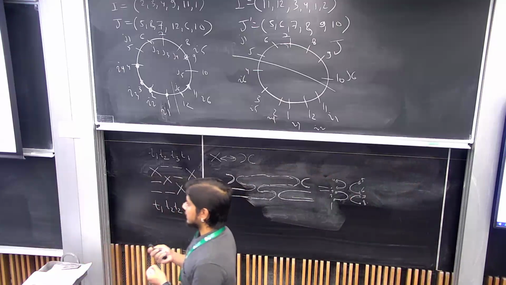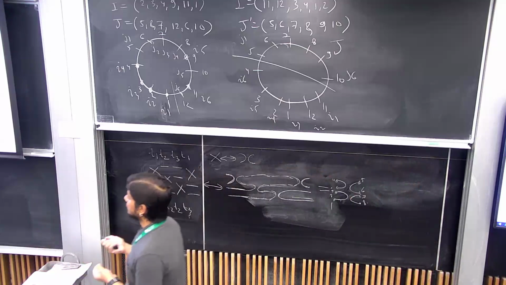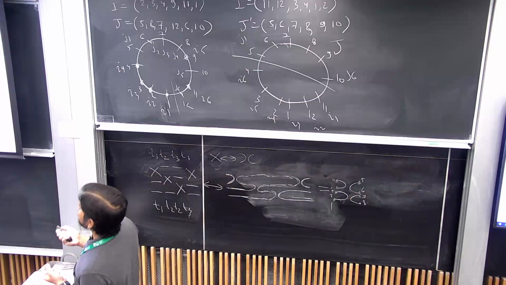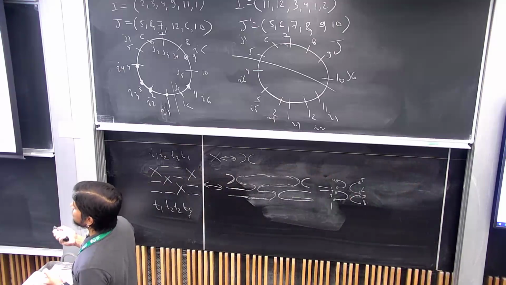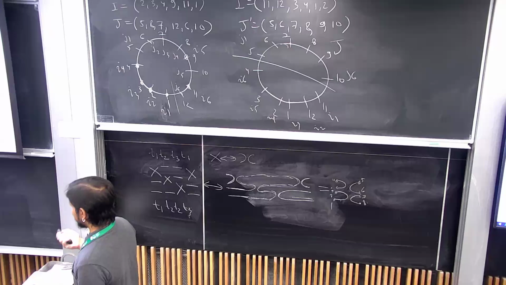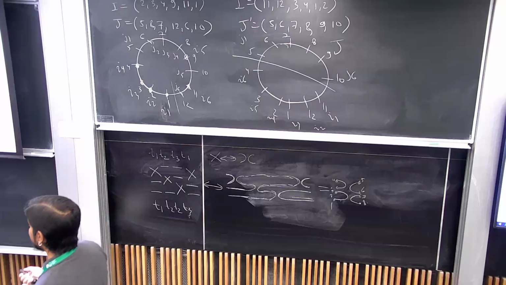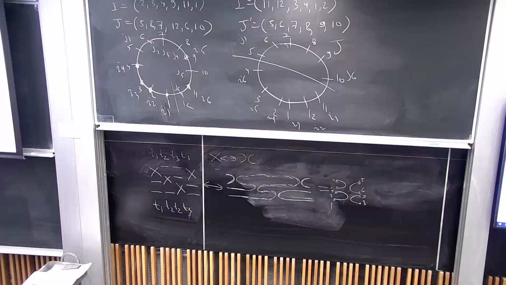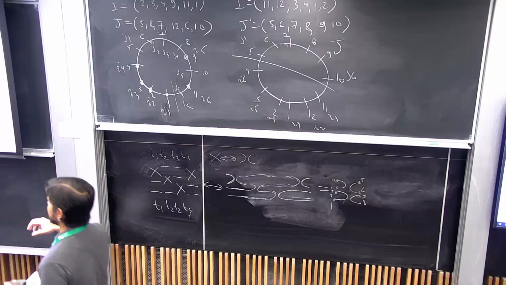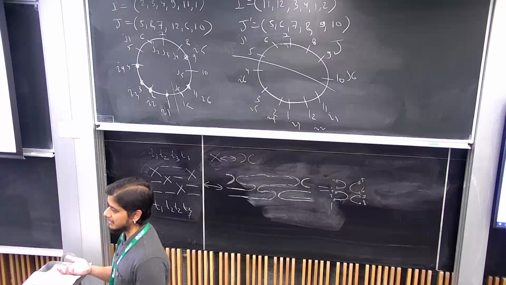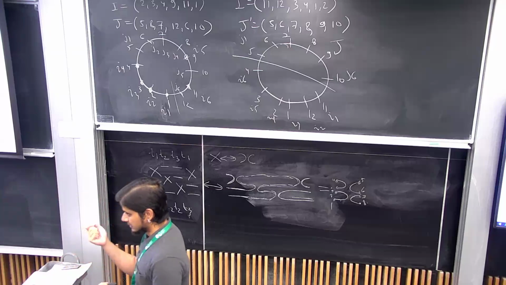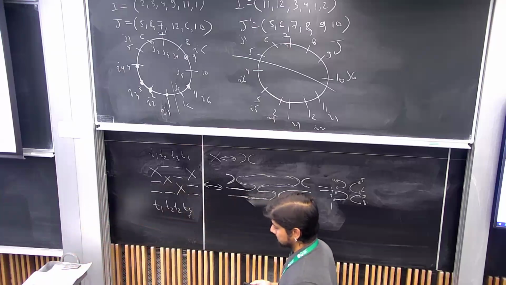In this case, there are two possible matchings, and one matching matches with the Kauffman diagram above, so that one needs to be kept. What I'm trying to say here is that the shape of the edges is what really matters. We don't have to worry about the color of the vertices once we have drawn the Kauffman diagrams.